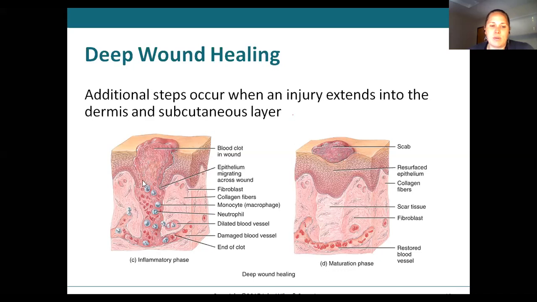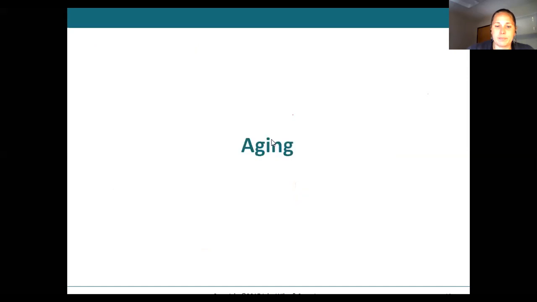That's going to be recruiting other inflammatory factors to that region, and they're going to help in the repair of those deeper layers of the dermis and the epidermis as well. But again, the scab plays an important role. You have to have blood clotting occur here. So the first step of deep repair is the formation of a blood clot in the outermost region, so the internal areas can undergo repair.